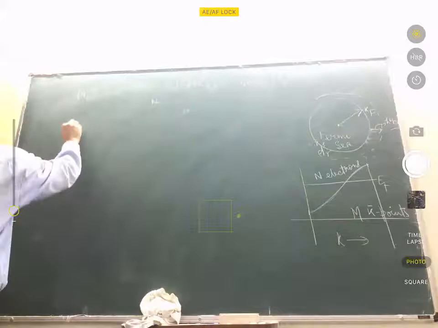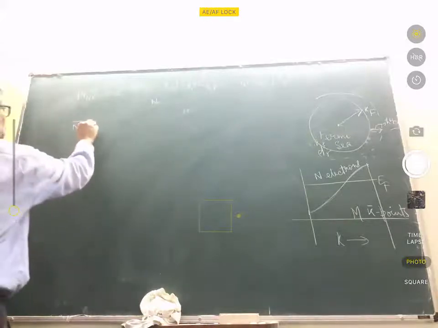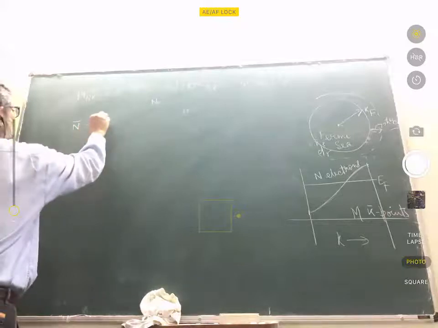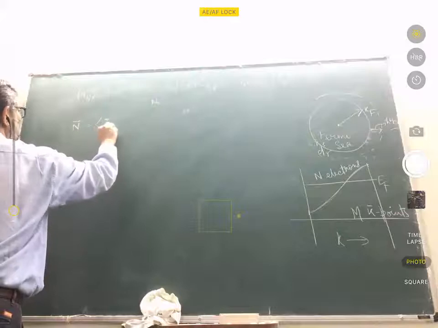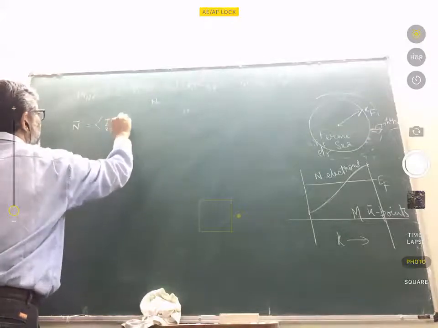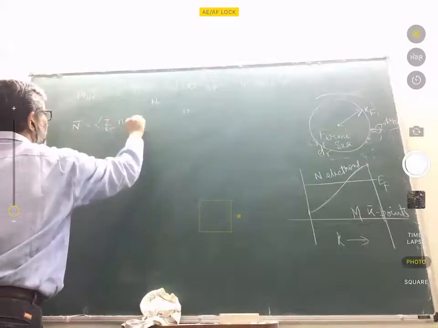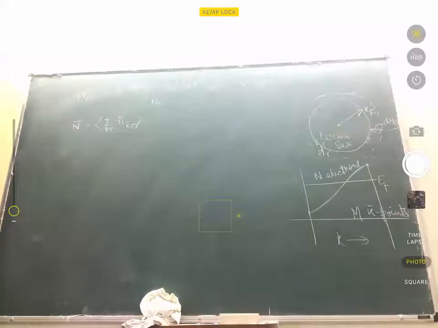We are trying to calculate the average number of electrons in the ground state that we just wrote.